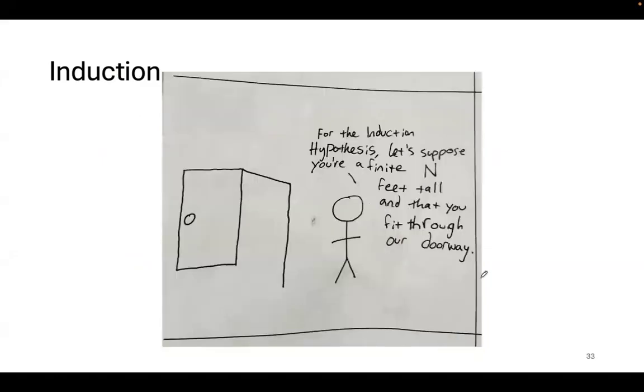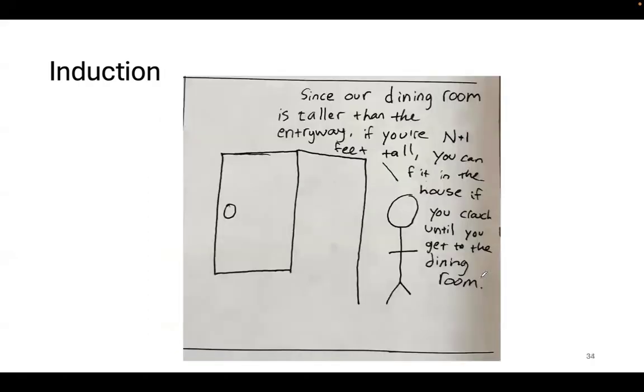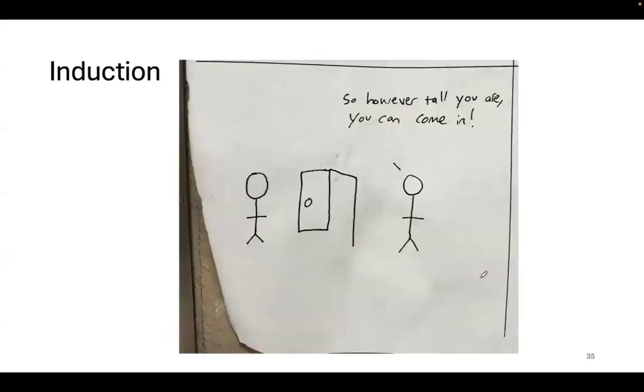Then the induction hypothesis is, let's assume that you're somehow n feet tall and that you can fit through the doorway, no problem. If you're n plus 1 feet tall, you could just crouch a little until you get into the dining room. Therefore, however tall you are, you can come in.